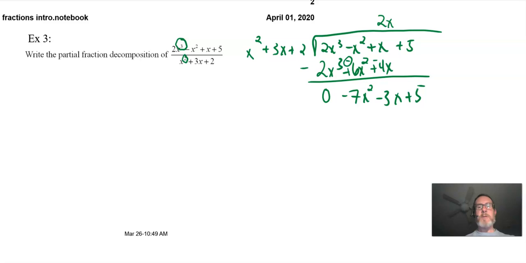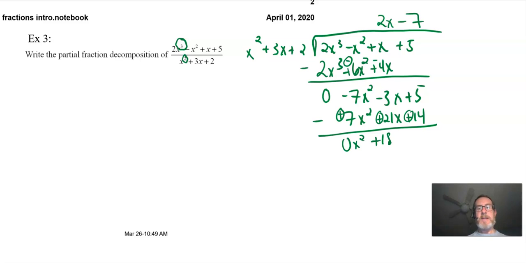So what would I have to multiply x squared by to make it negative 7x squared? Again, subtract, so I'm going to change all of these signs to positive. So that's going to make it 0x squared plus 18x plus 19.